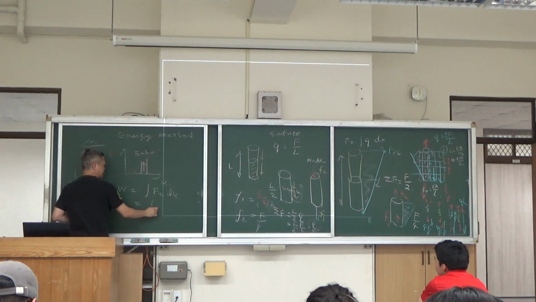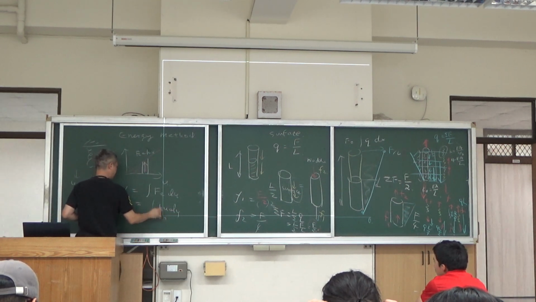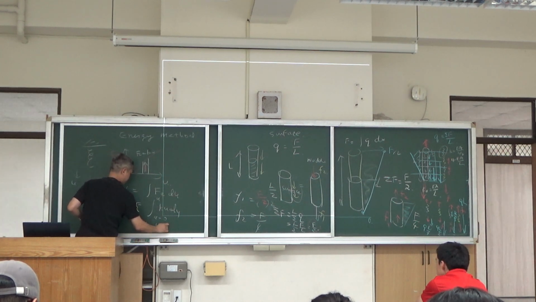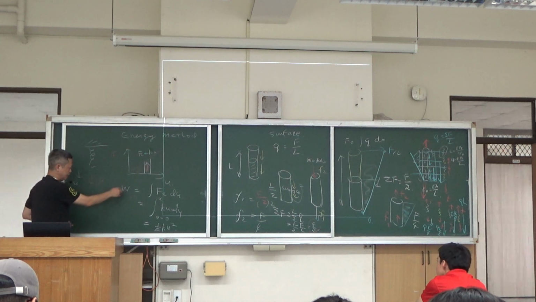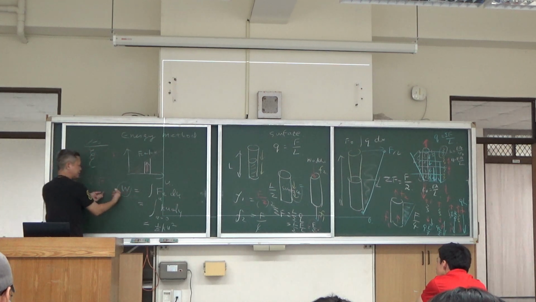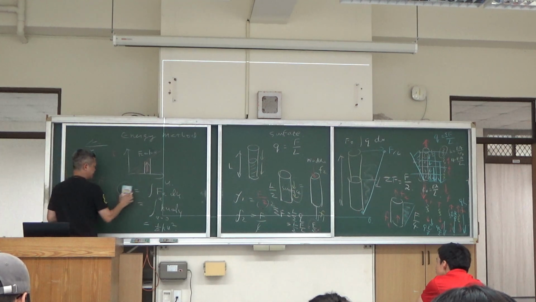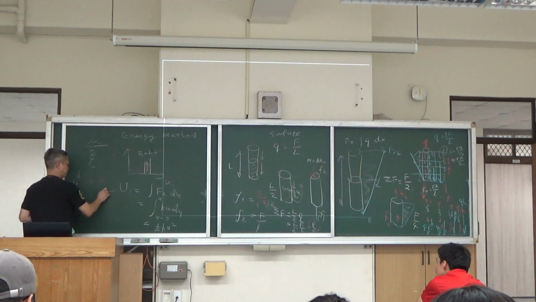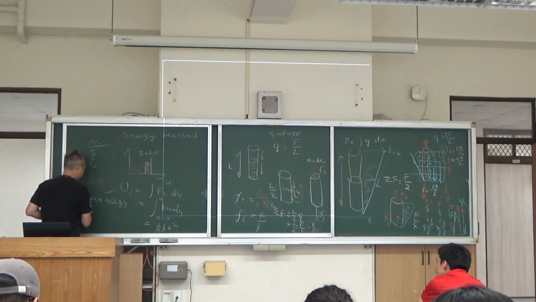So by doing the integration of Ku du, from 0 to the final u, then you have half Ku squared. Okay? So here, even though I am doing the work, because this is now taking account of the elastic force, I write this as a U, big U. This is the strain energy storage.